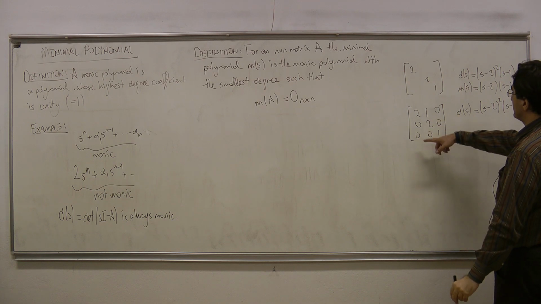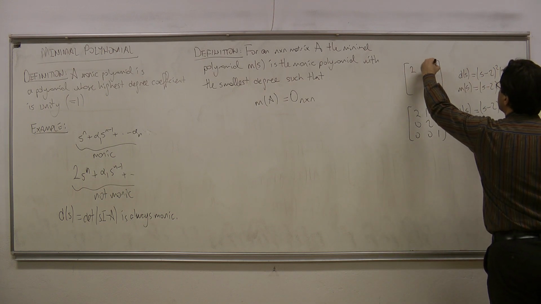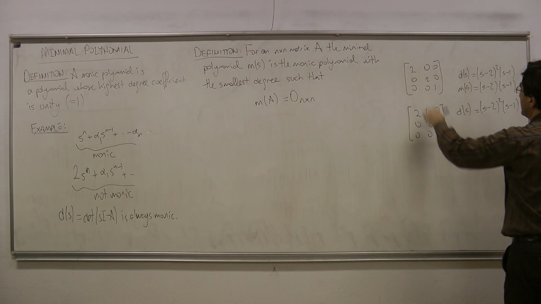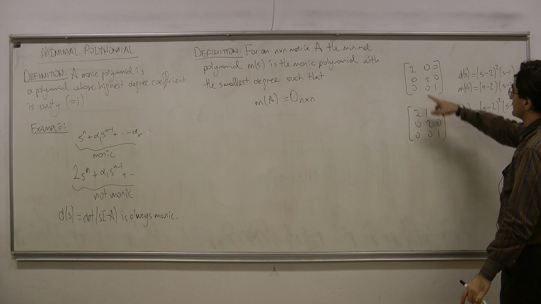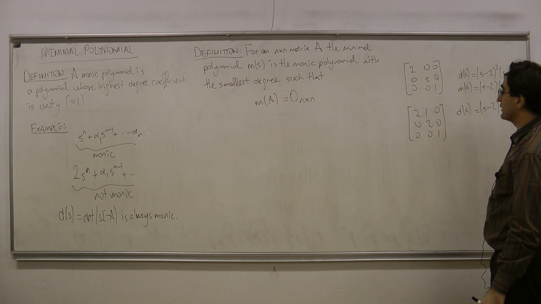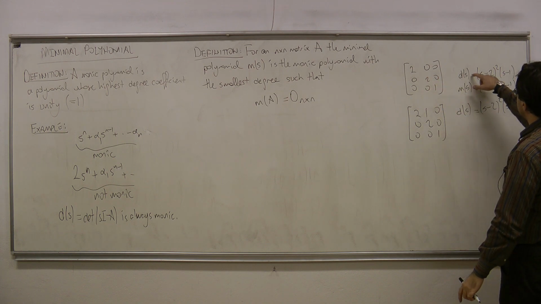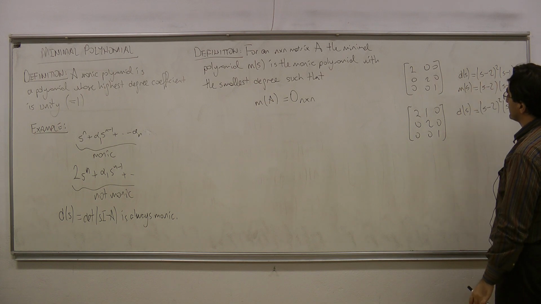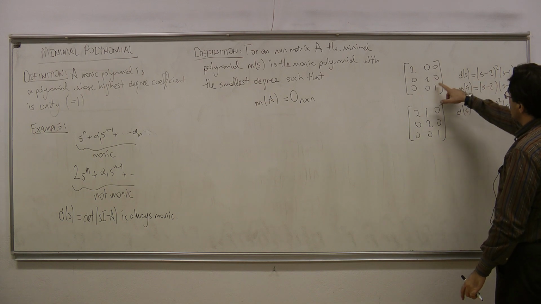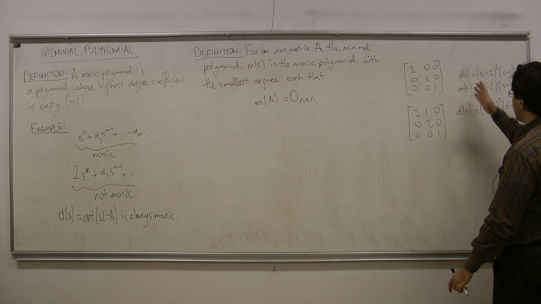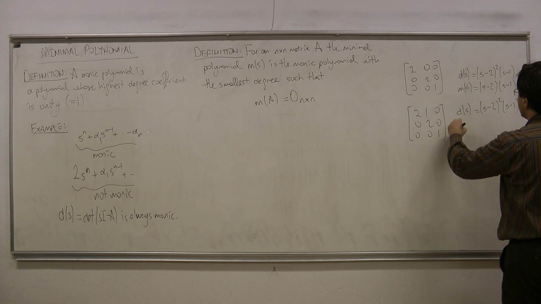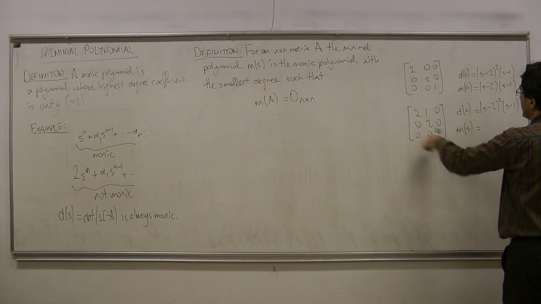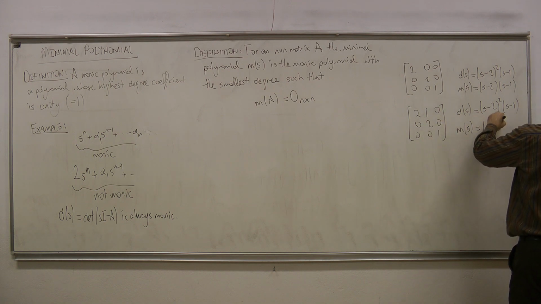Okay? For this matrix, I have exactly the same characteristic polynomial as this diagonal matrix. This matrix is upper triangular, so its eigenvalues are the same as the eigenvalues of this diagonal matrix, so the characteristic polynomials of these two matrices are the same. But if you look at the minimal polynomials of these two matrices, you would see that the first one has a second order minimal polynomial, but the second one would have a third order minimal polynomial.